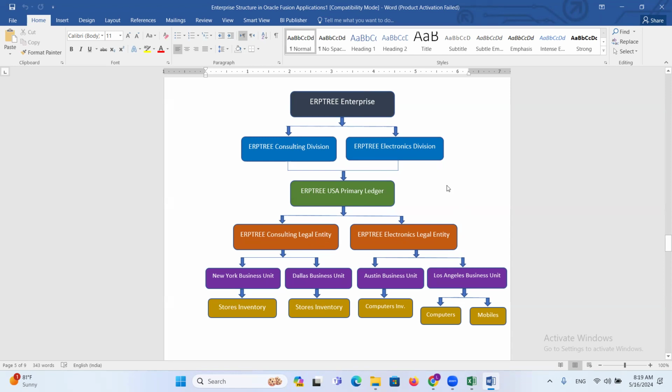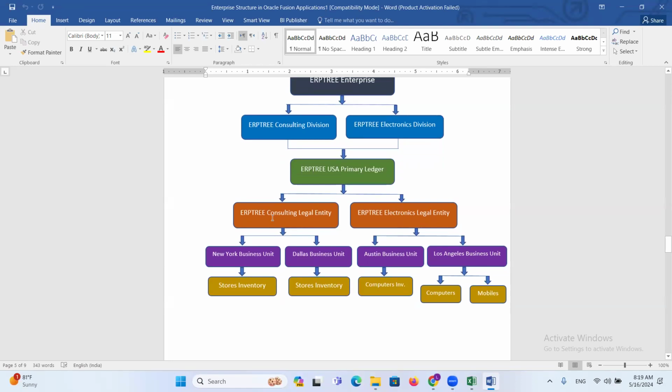Under each legal entity, with each registration, they are operating the business in two locations. The consulting business they are doing in two locations, New York and Dallas, say two branches, so two business units. And the electronics business, say they are doing in two locations, accordingly two business units.